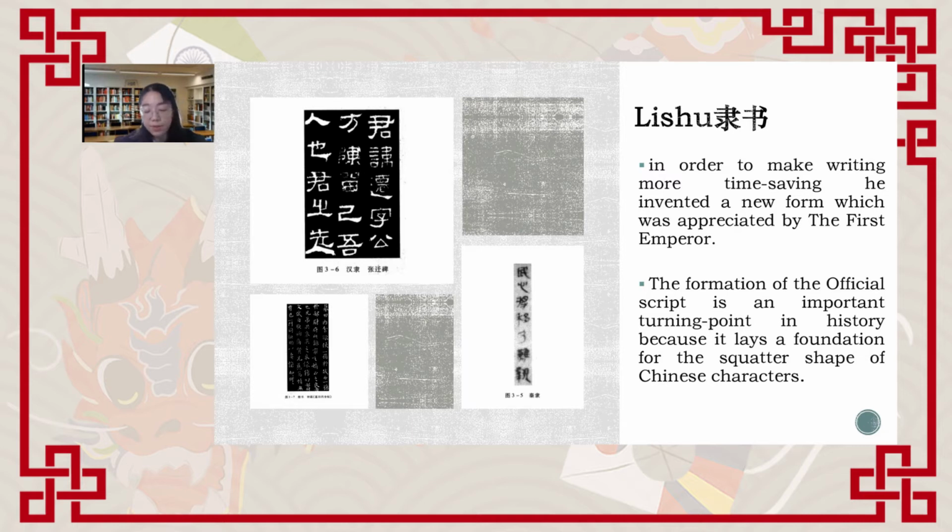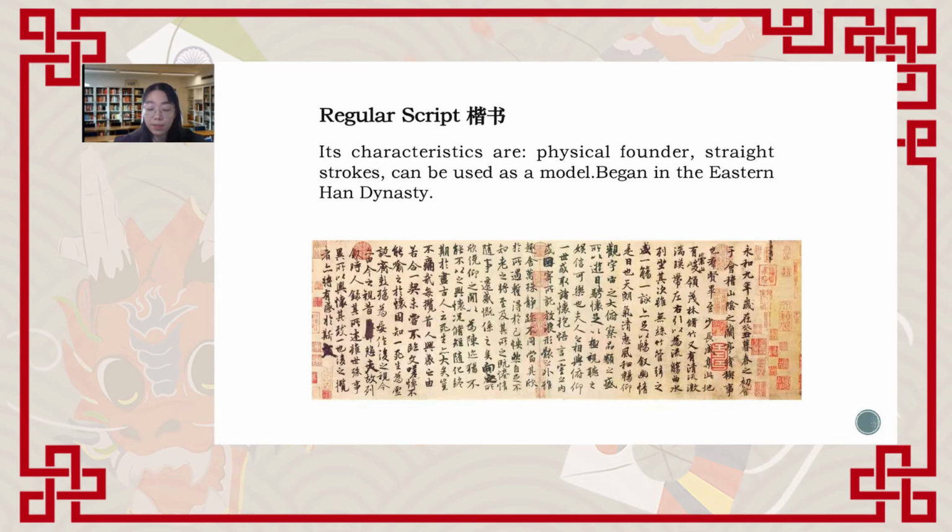The formation of the official script is an important turning point in history because it laid a foundation for the scholarship of Chinese characters. And it is said that regular script emerged in the later Han period. It is a kind of more beautiful and simpler form and could set a good example for writing.